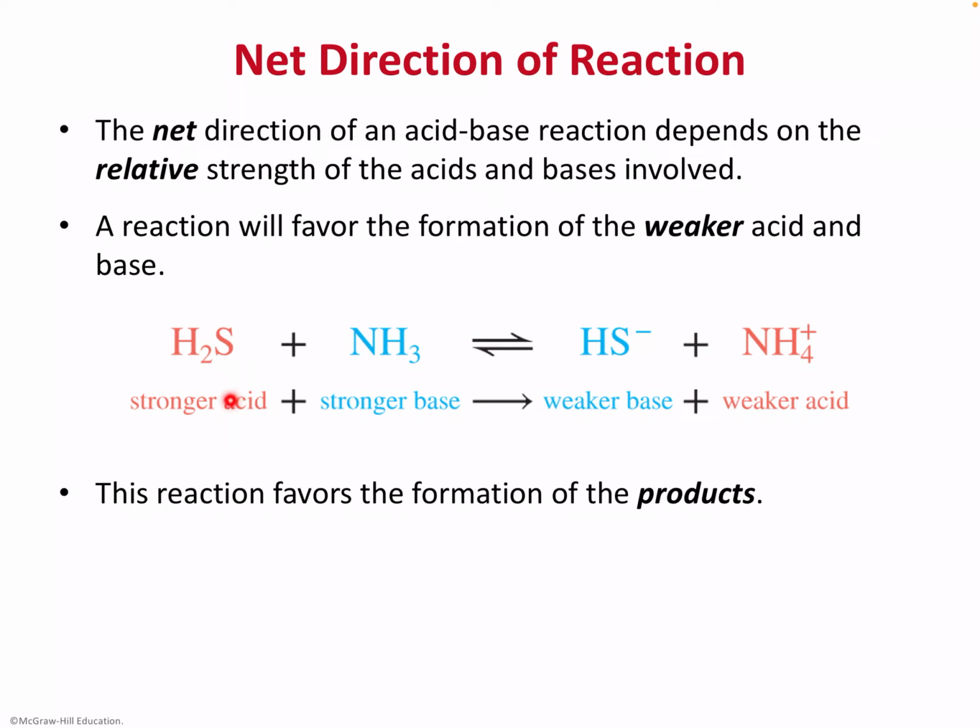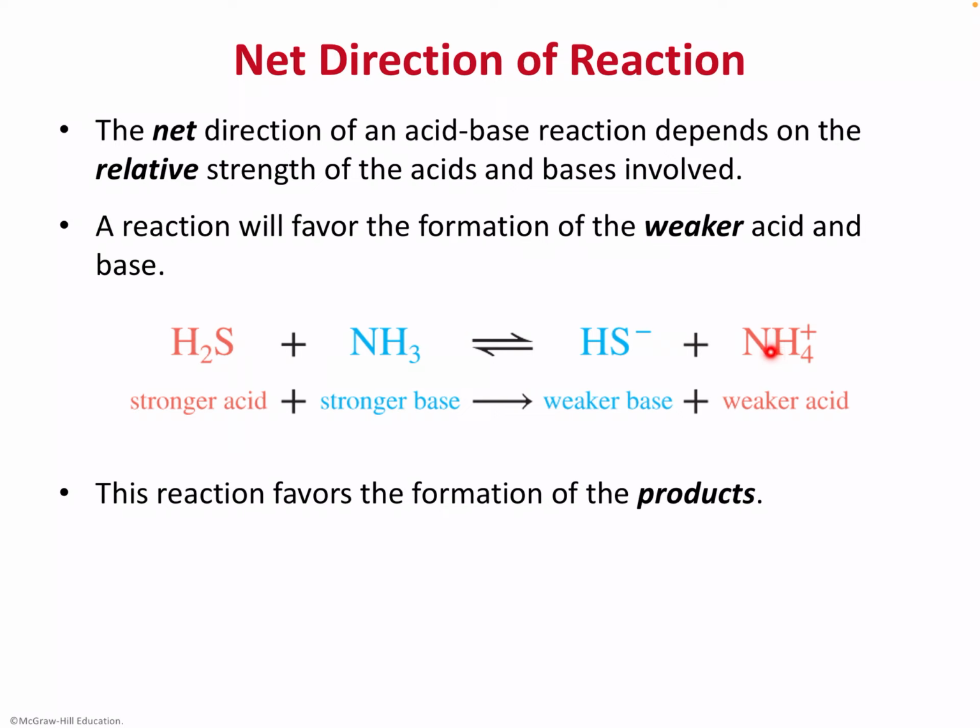For example, remember we saw acids and bases on both sides. So you have an acid and conjugate base, a base and the conjugate acid. So basically on your reactant side you have an acid and a base, and on your product side you also have a base and an acid. So which direction would it favor?